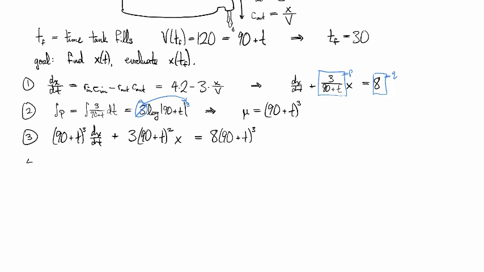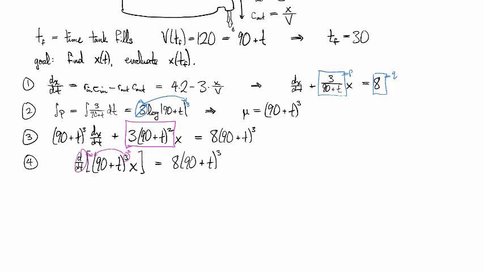Step 4, I rewrite the left side as d dt of my integrating factor mu times my unknown function x, and the right hand side I just copy from the line previously. Then I verify that if I do the derivative on the left hand side, applying d dt to the first factor brings the 3 down and decrements it to a 2, and that gives me exactly what we have right here. The other one will just have the derivative on the x, which is exactly what we have right here. So yes, that works.